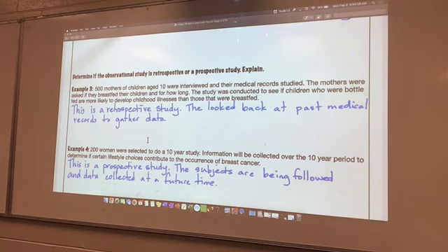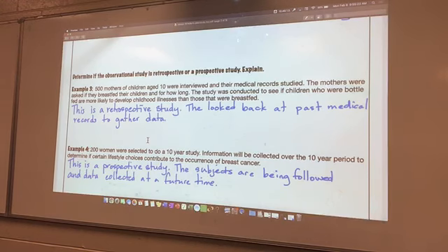All right. So can we generalize? Can we establish cause and effect? So it says on the next page, we can generalize our findings to the population of interest when we randomly sample from that population. We can establish cause and effect only with a well-designed experiment. It says well-defined.